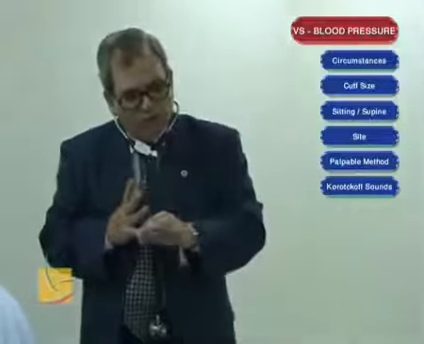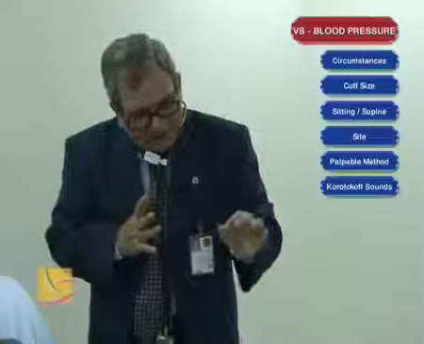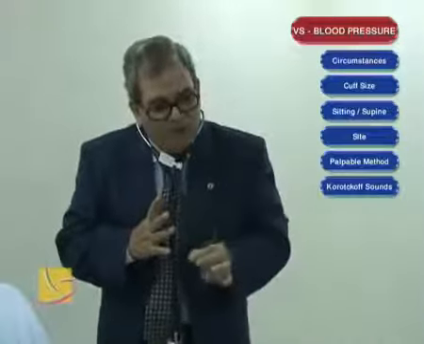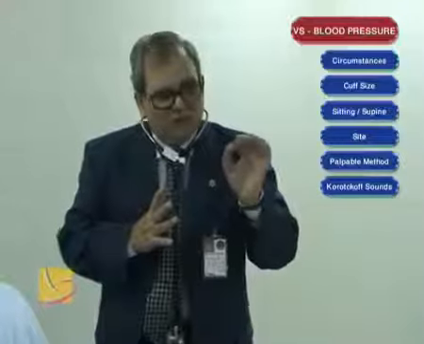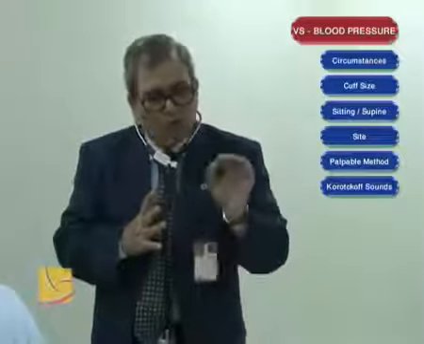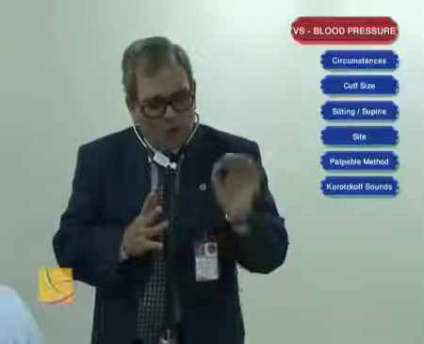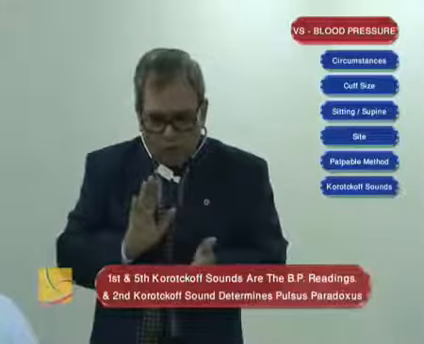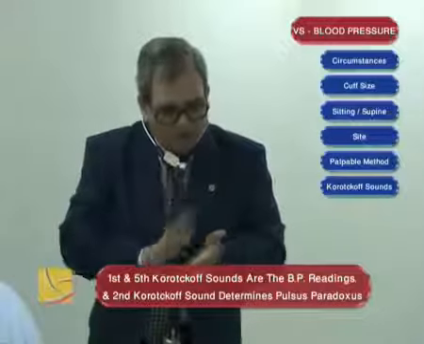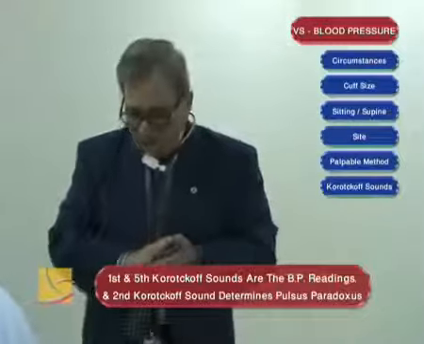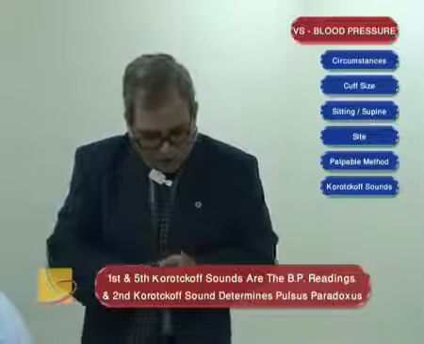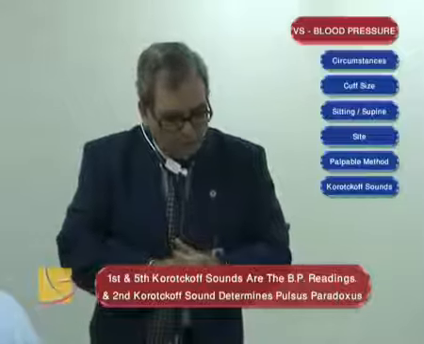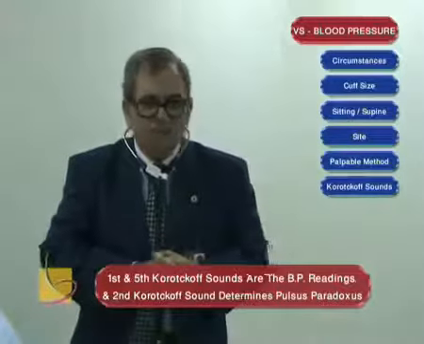Then at the fourth it comes down again and becomes murmurish, and at disappearance, we consider it the fifth Korotkoff sound, and we consider it the diastolic blood pressure measurement. So we have two levels. The first Korotkoff sound correlates with systolic pressure, and the fifth correlates with diastolic blood pressure. So the blood pressure of this patient was 102 by 72.